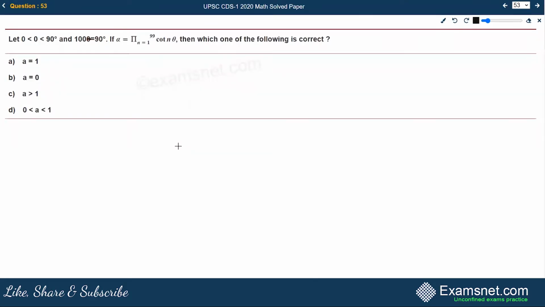In question number 53, it is given that theta belongs to 0 degree to 90 degree and 100 theta equals 90 degree. If alpha equals the product, n from 1 to 99, of cot n theta, then which one of the following is correct?